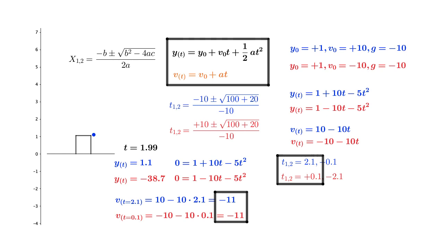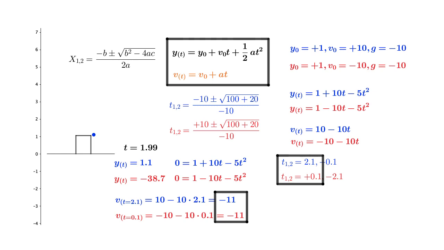From the initial moment, it took 2.1 seconds until the blue ball hit the ground. Now the red ball was only in the air for 0.1 seconds. This tells us that when the blue ball was moving downwards and passed the height of 1 meter with a velocity of minus 10 meters per second, it was also only 0.1 seconds until it hit the ground.